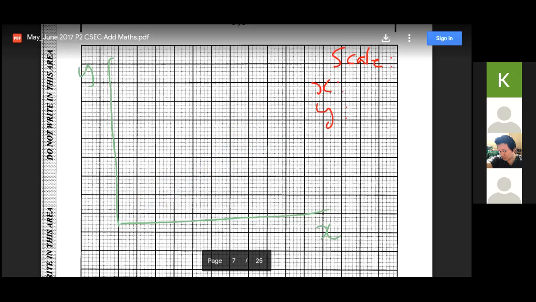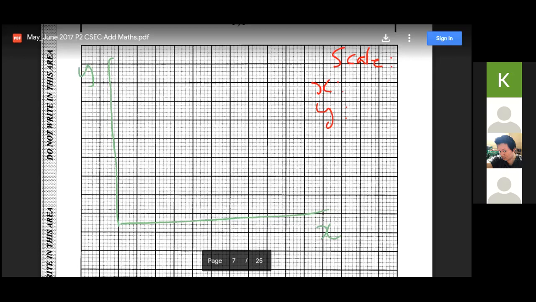I feel like the physics students would know this. You see, knowing how to plot a graph and actually sitting down and plotting a graph by yourself are two completely different things. You would know, okay, I need to have my appropriate scale, y and x axis, line of best fit.